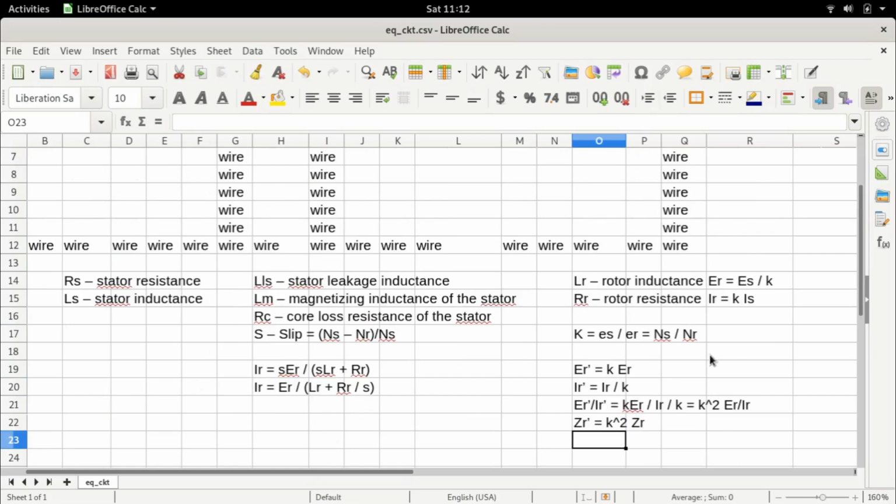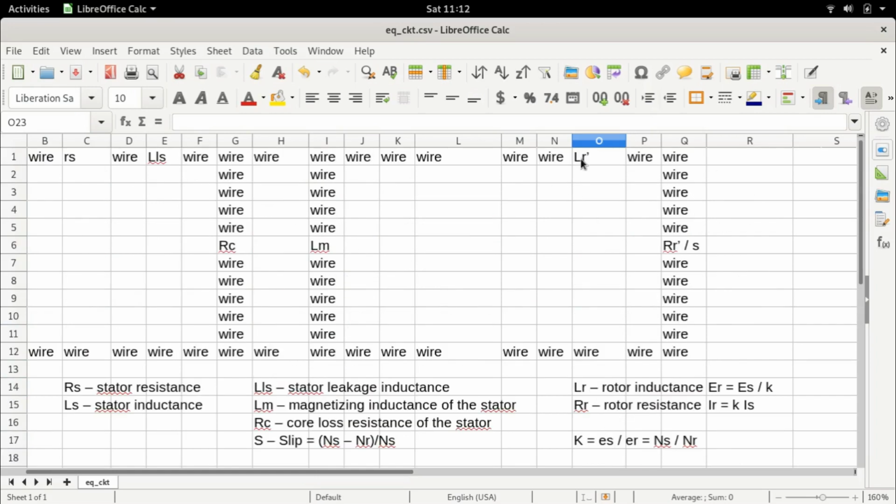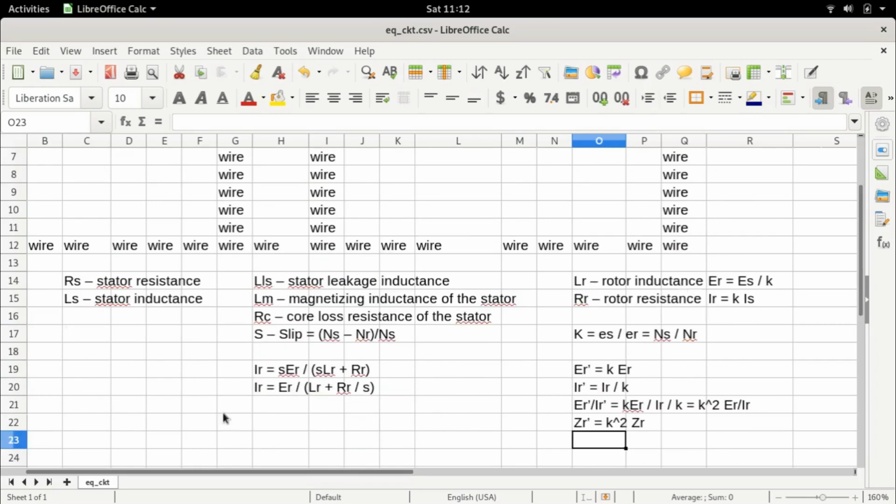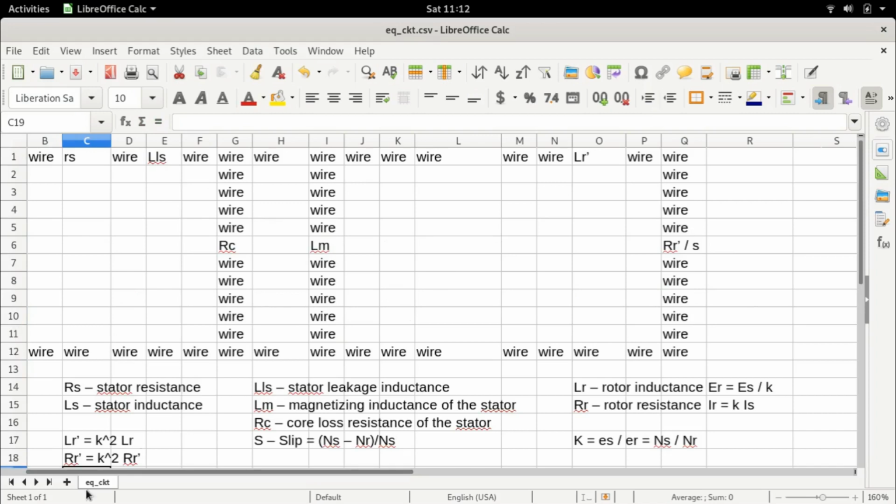Whichever it is. So now what this means is LR dash is equal to K squared into LR, and RR dash is equal to K squared RR. So we have now, using these equations, referred all the parameters in the rotor to the stator.